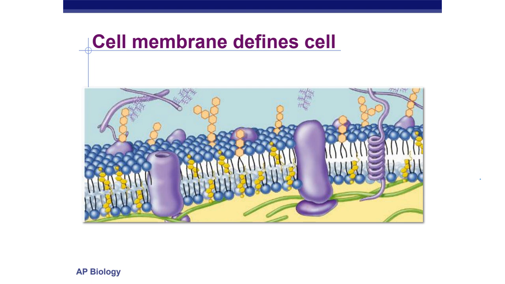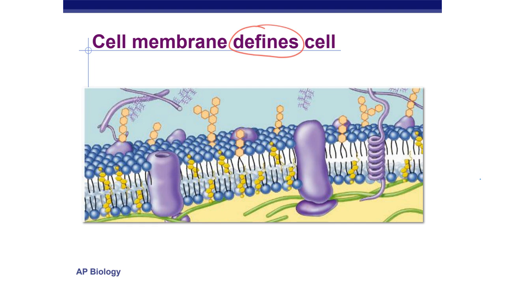So the main job of the cell membrane is to define the cell. What this means by defining the cell is essentially to form a barrier, separating the inside of the cell from the outside of the cell. If there is no separation from inside to out and things are allowed to just move back and forth however they want between the cell and the outside surrounding fluid, then you're not maintaining that inside environment of the cell.